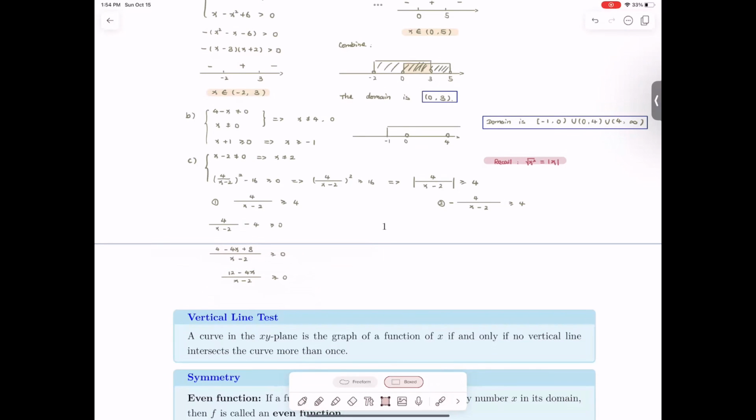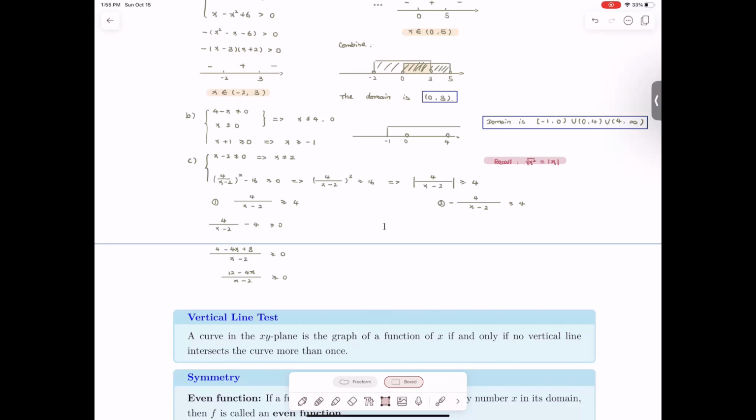Something over another thing that's greater than or equal to 0. What do I do now? How do I check what values do I have? Anyone? You guys know?